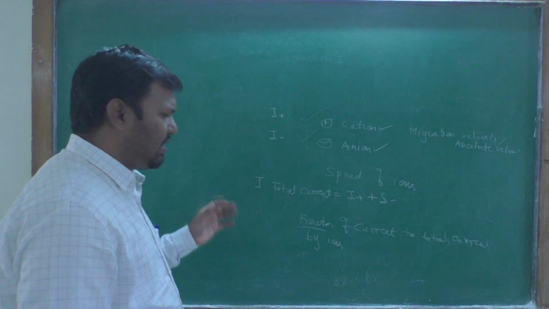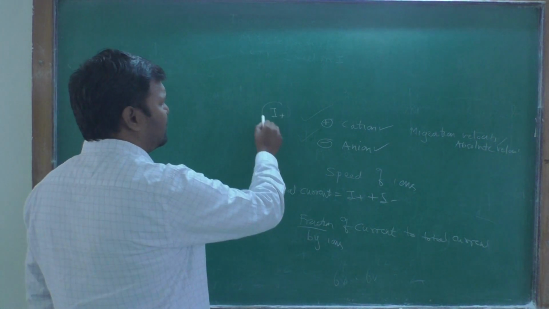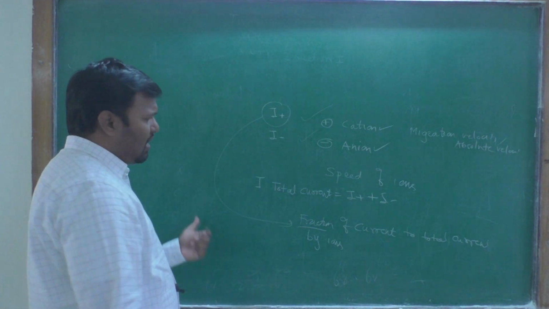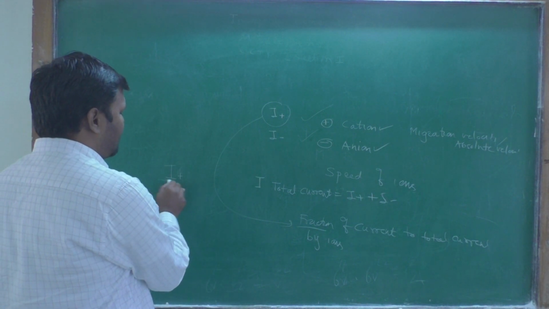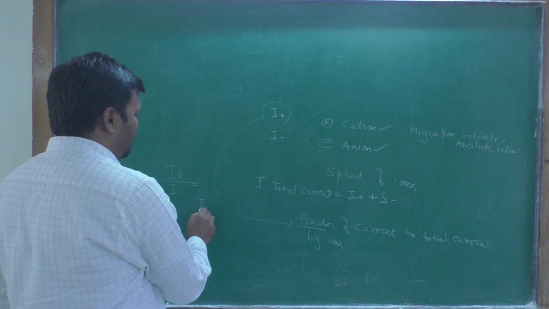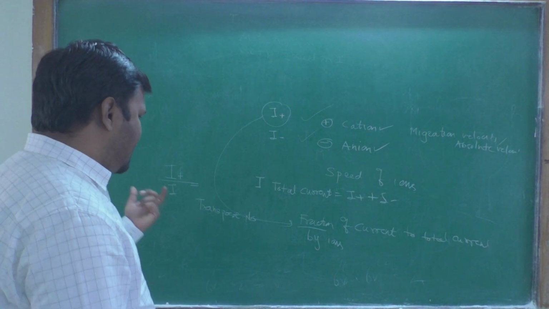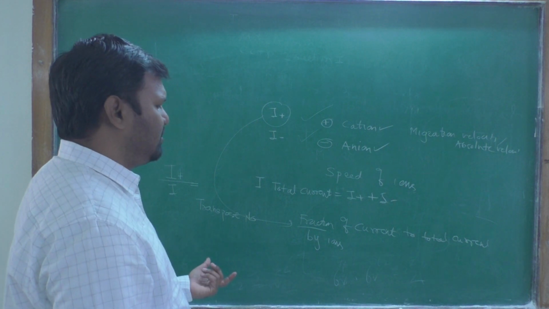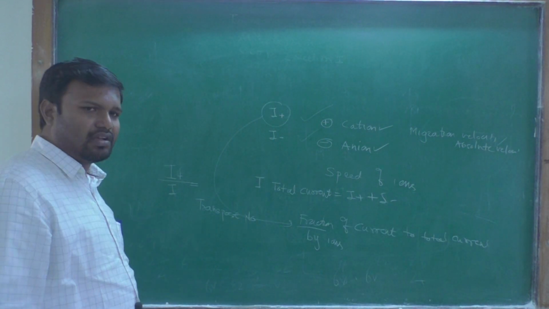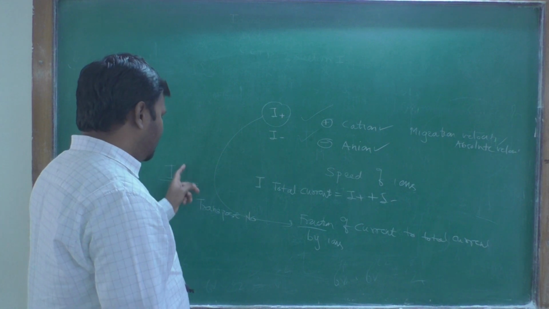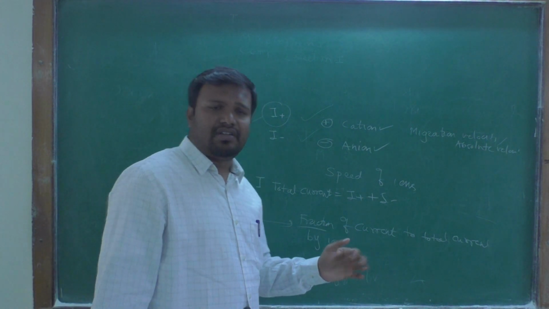If I plus is the fraction of current, then the transport number is given by I plus upon I. Therefore transference or transport number is defined as the fraction of current to the total current.